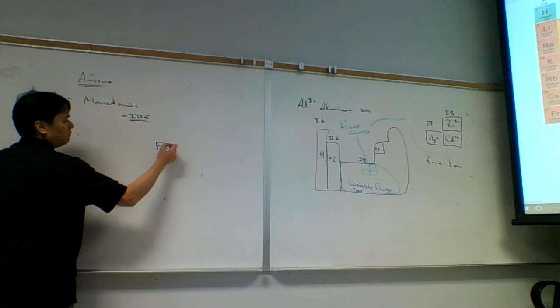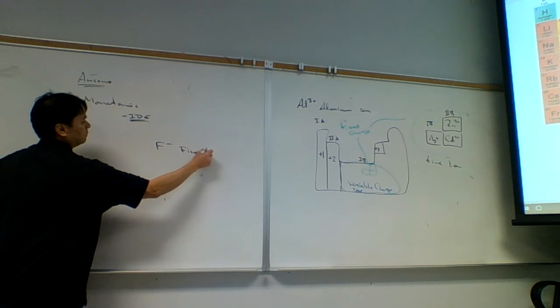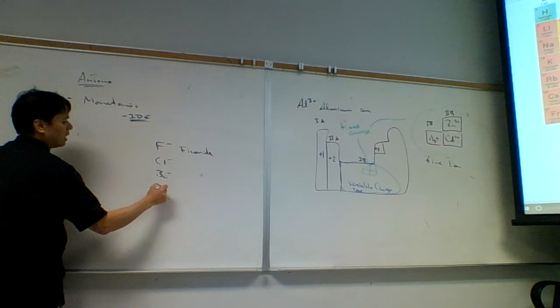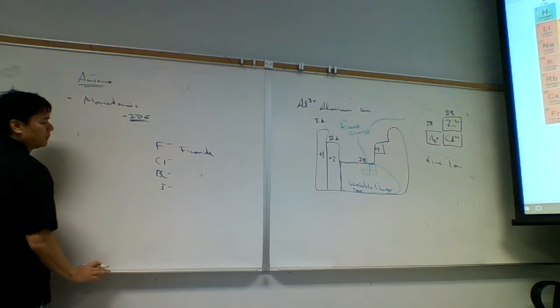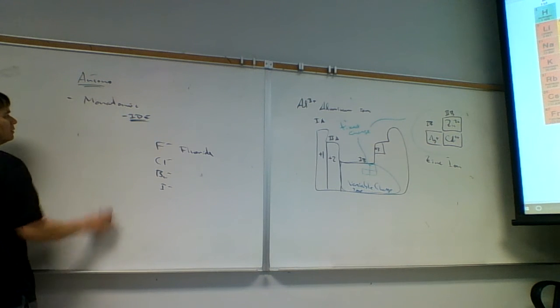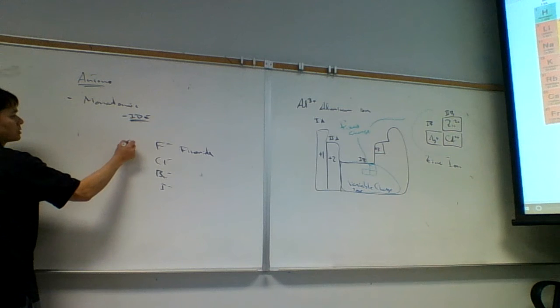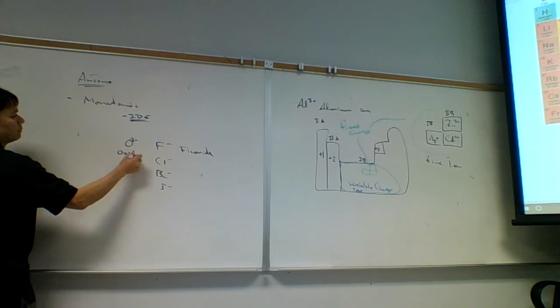So fluoride, chloride, bromide, iodide. All these are going to have a -1 charge, and what we do is we change the ending to "ide." Oxygen has a 2- charge. We call this oxide.